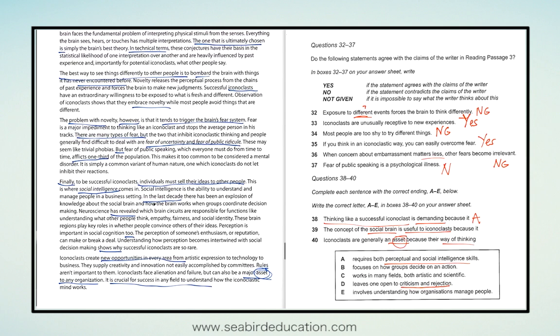I've got 2 minutes left. Social brain. Groups coordinate decision making. That's all I can see. B. And then we were stuck with this one. Understanding how perception becomes intertwined with social decision making shows why successful workers are so rare.